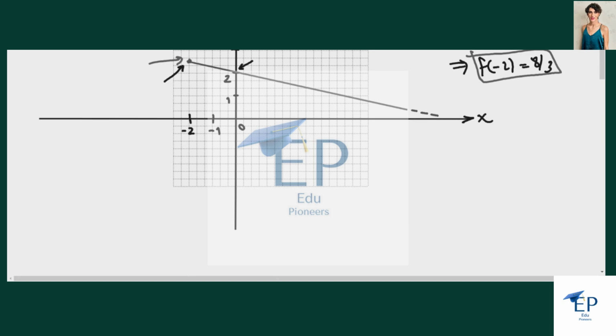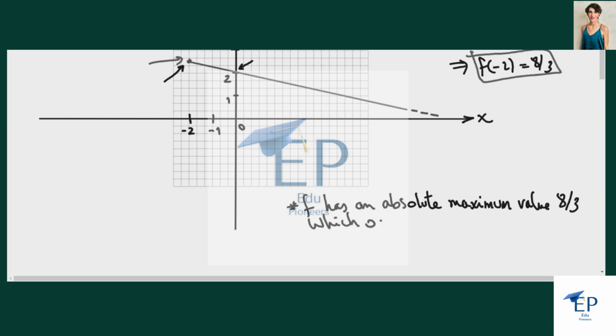So we can say here that f has an absolute maximum value 8/3, and that value occurs at x equal -2.